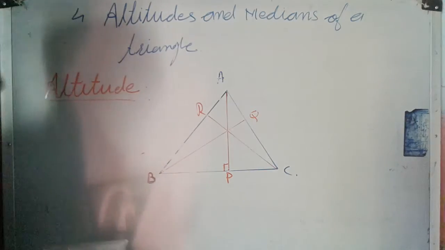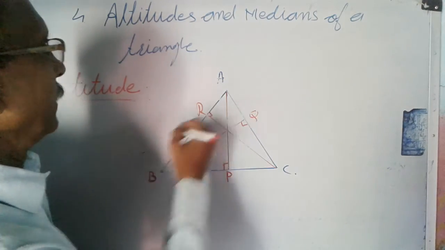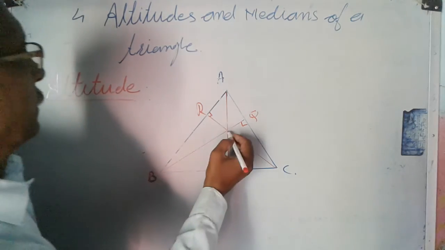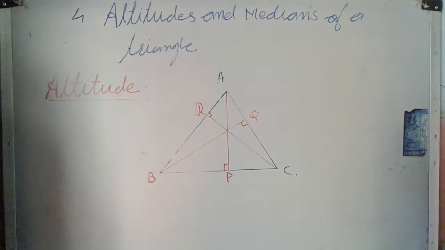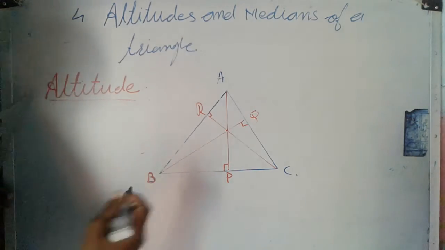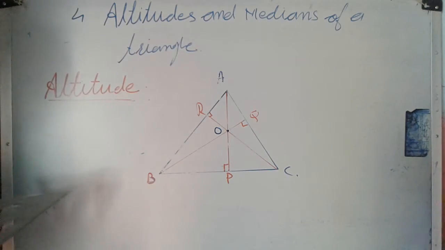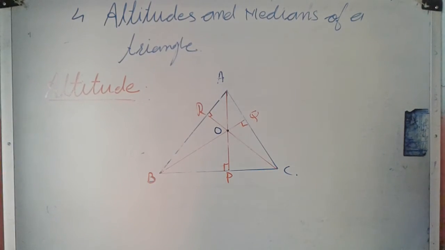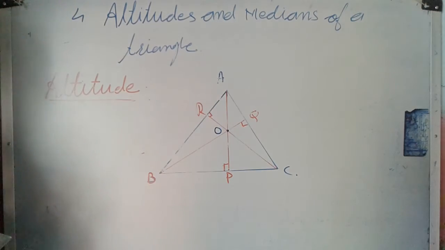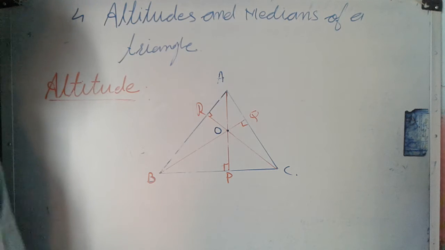Now see here, all the three altitudes of the triangle intersect in one point. That means all the three altitudes are concurrent. All the three altitudes of a triangle are concurrent.